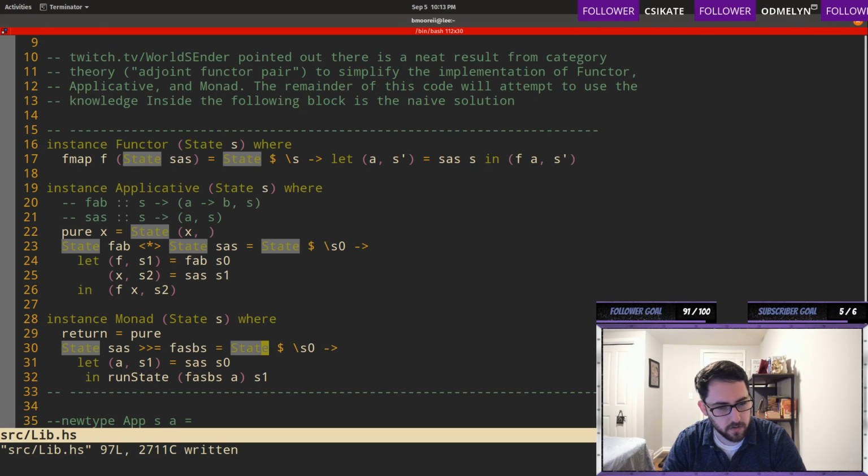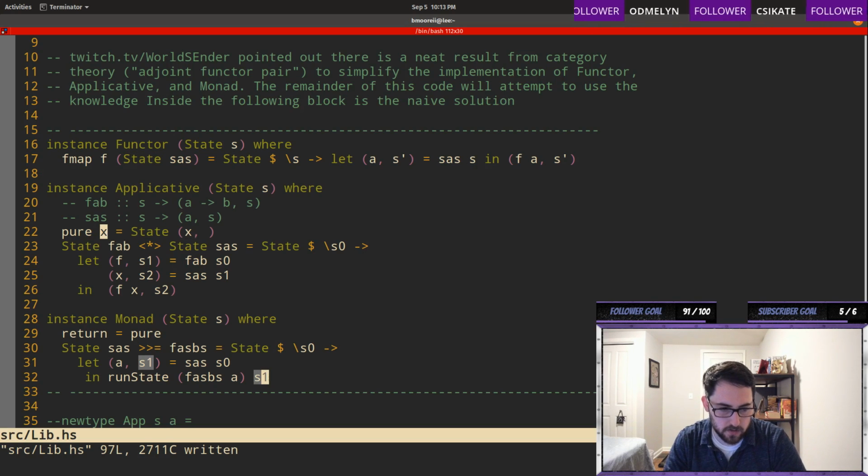Why doesn't that work? Oh, right. Because pure takes a value. Yeah, that's why. And embeds it. Okay. Anyway, I think that's it.